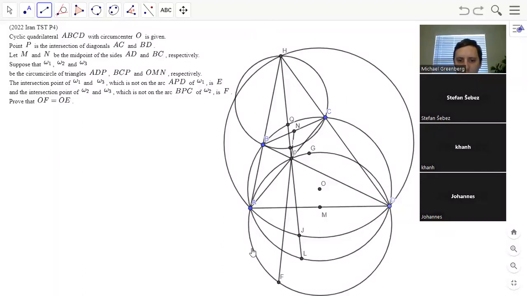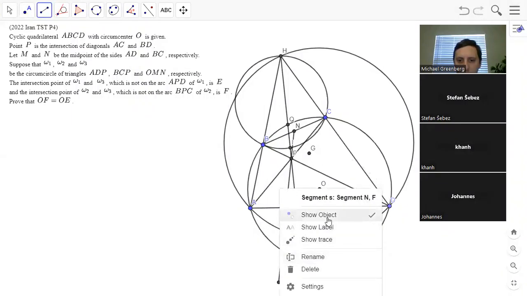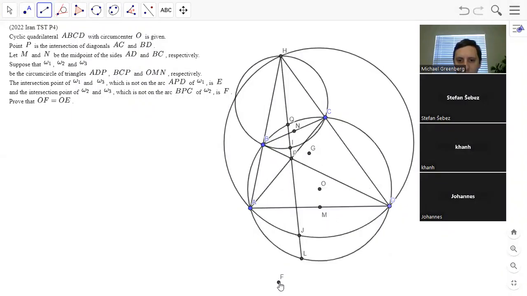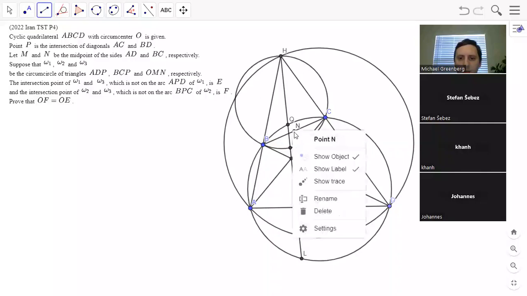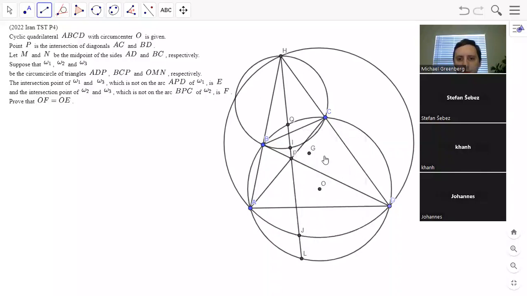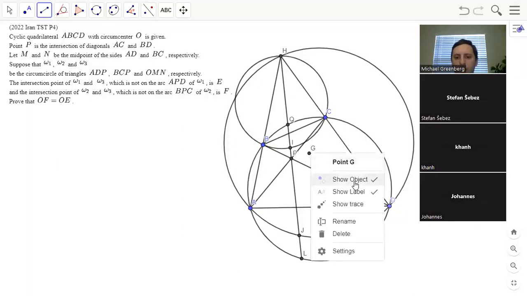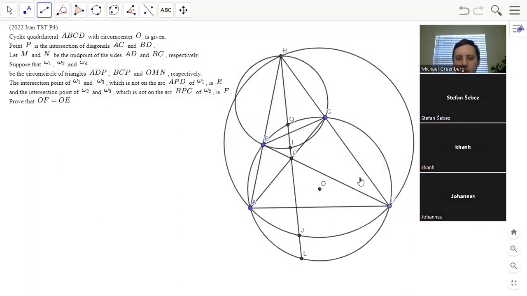We don't need this circle. In whole, we need just 3 circles to draw the inverted problem. So all we need is that, and we need to show OI equals OJ.